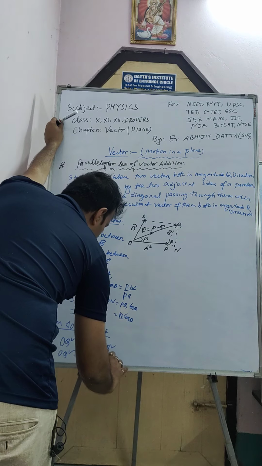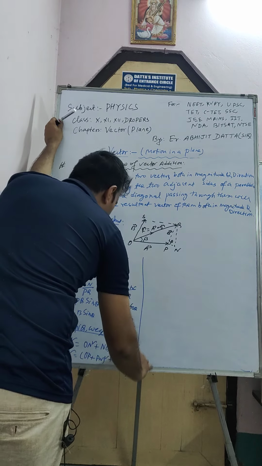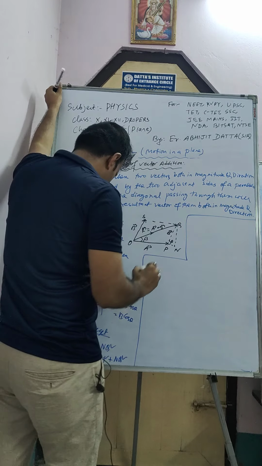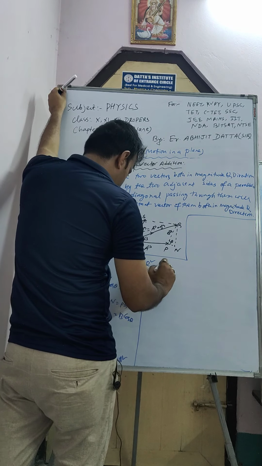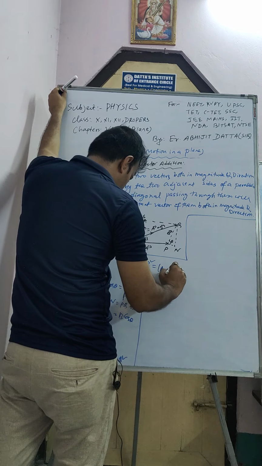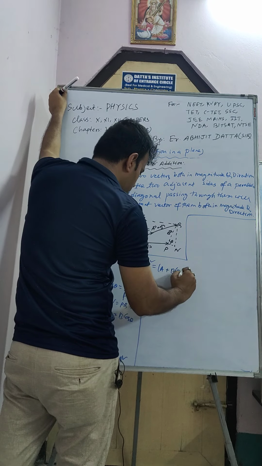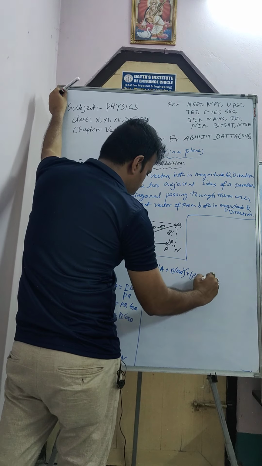OP plus PN whole square, plus NQ square. Now come here, we can say this one is R and this one is A and this one is B. PN is what? PN is B cos theta, right? Whole square, and this one is B sin theta whole square.